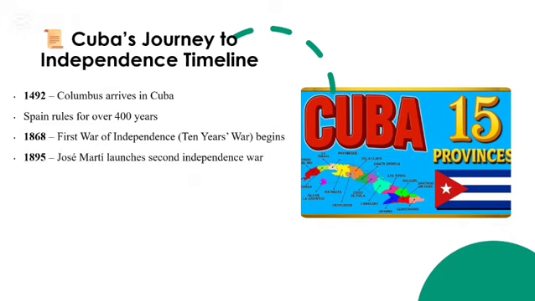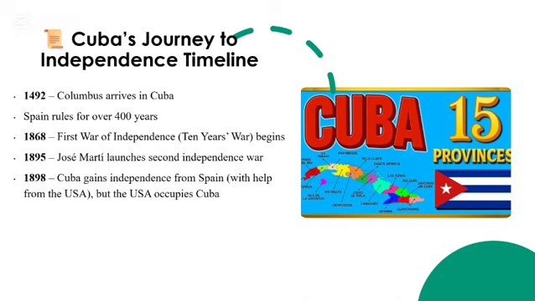In 1895, Jose Marti launches the Second Independence War. In 1898, Cuba begins independence from Spain with help from the USA. 1902, Cuba becomes officially independent but under US influence.